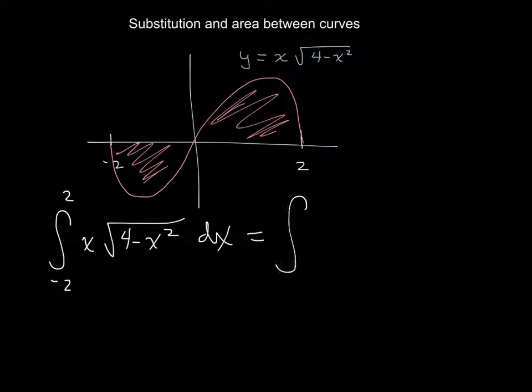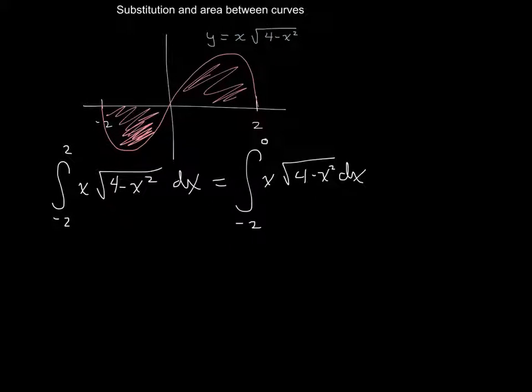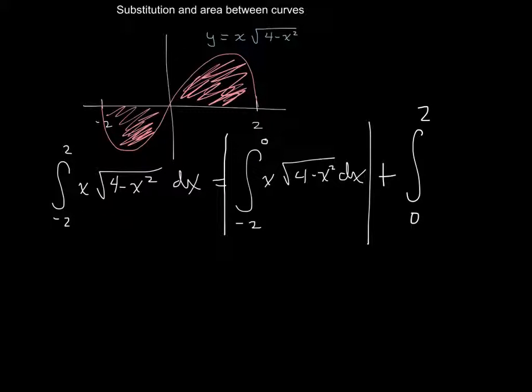We want to go from -2 to 0, because that would be this bottom area, of x square root of 4 minus x squared dx. And of course we're going to absolute value that and then add the area from 0 to 2, which is this area right here, of x square root 4 minus x squared dx.